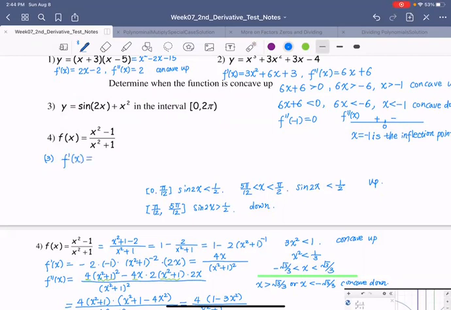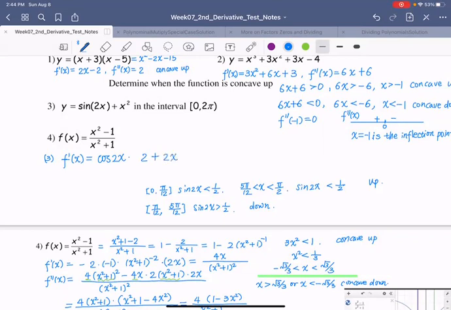Change to cosine 2x plus 2x. Sine 2x derivative is cosine 2x. And then we need to times 2, correct? So this guy times 2 plus 2x.